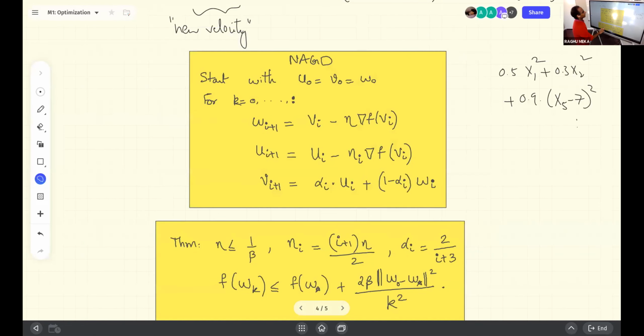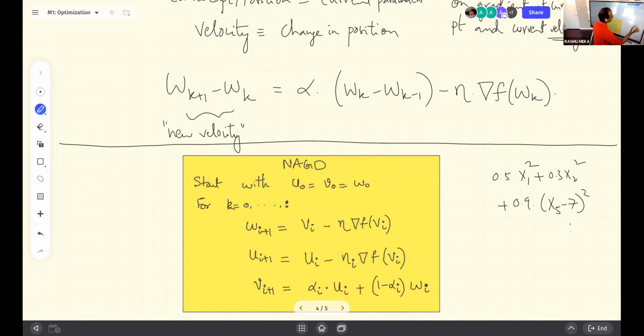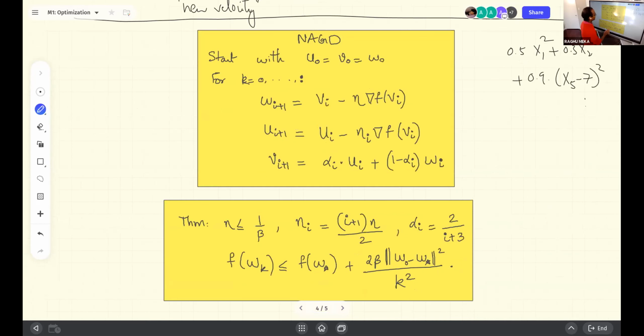The one thing to note in the classical momentum interpretation is that the way your velocity changes is you take your current velocity and the current gradient. Somehow, implicitly, what Nesterov says is you first take a step along the current momentum to where it takes you, and then compute the gradient at the new point. It's a weird system of equations, but it's just 3 lines.